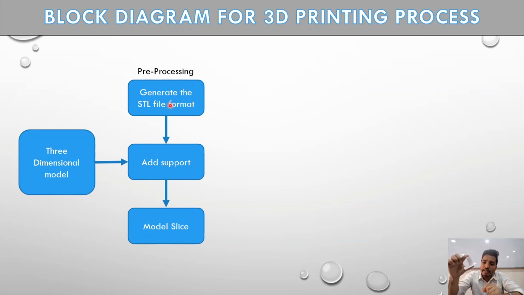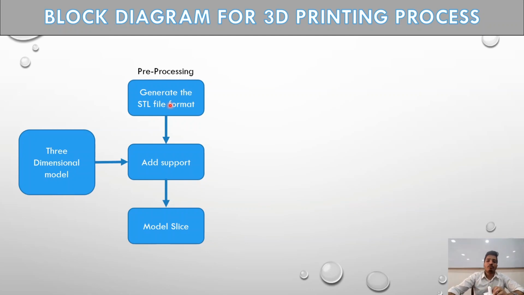So for the 3D printer to know how many layers it has to stack one above the other, it has to use one more software called slicer software, which slices the entire three-dimensional object, which can then give the codes to the printer, so it can generate the layer by layer addition.